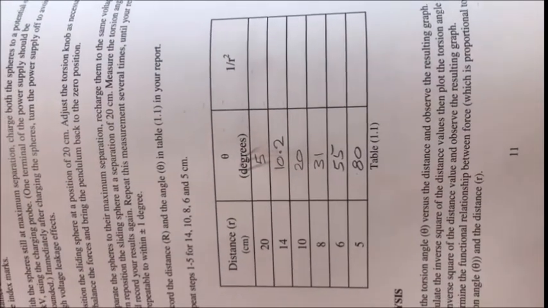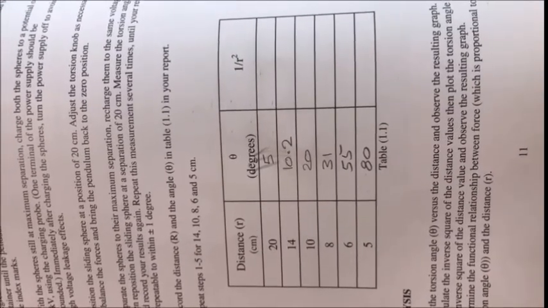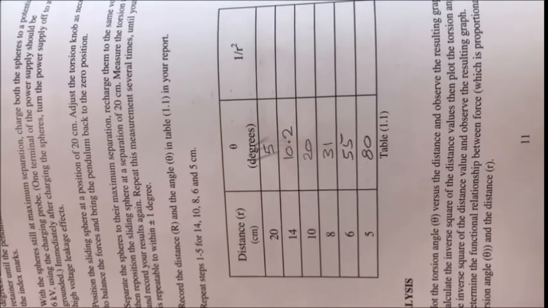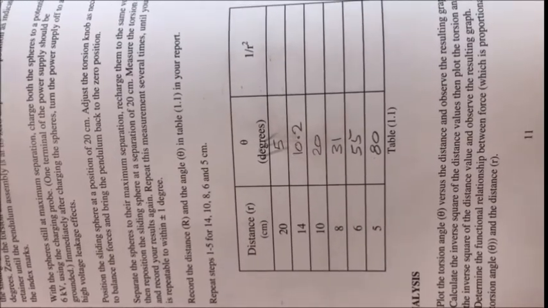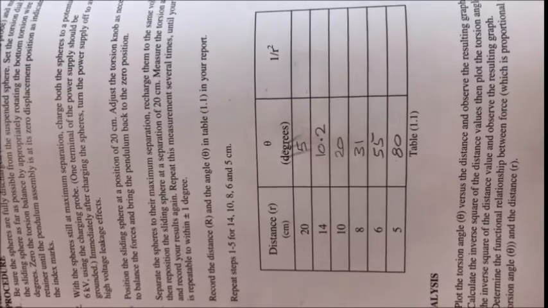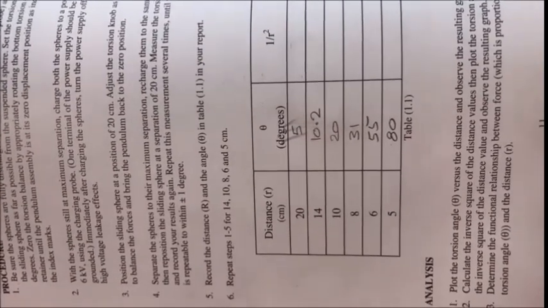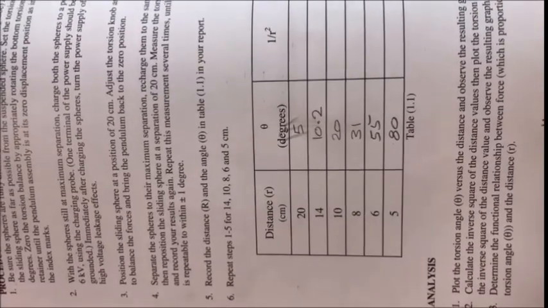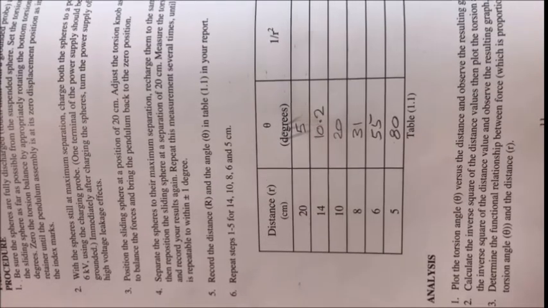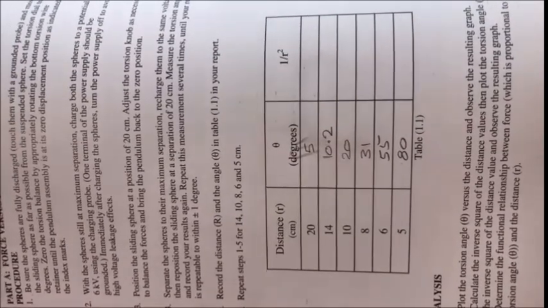So at 20 centimeters distance, the angle was 5, at 14 it is 10.2, at 10 it is 20, at 8 it is 31, at 6 centimeters the angle was 55 degrees, and at 5 centimeters the angle was 80 degrees. Notice that the distances are in centimeters, and that whenever you decrease the distance, the force becomes larger, which makes the angle more and more.